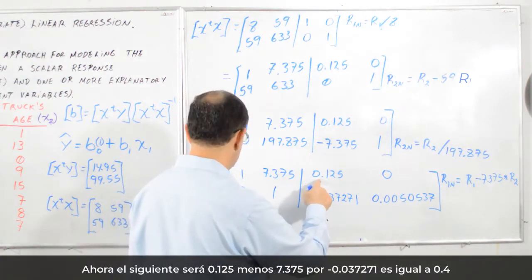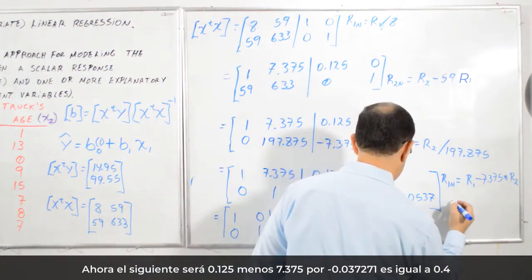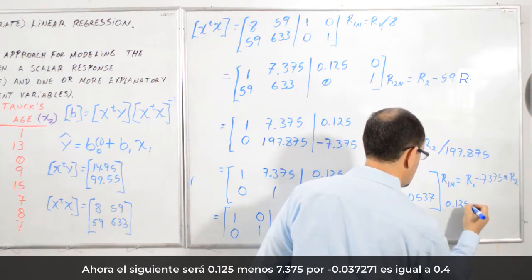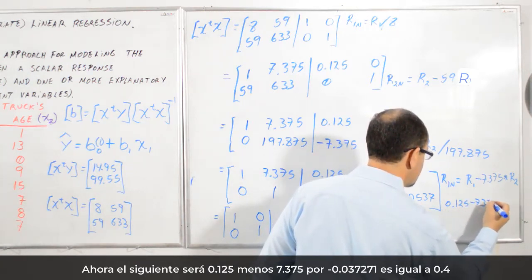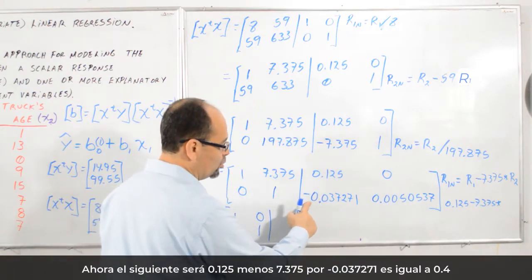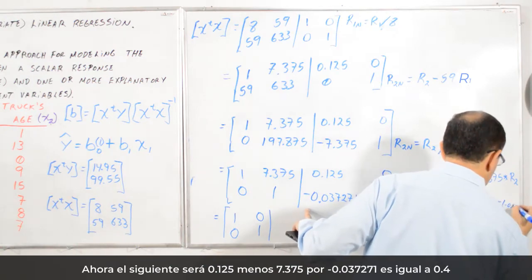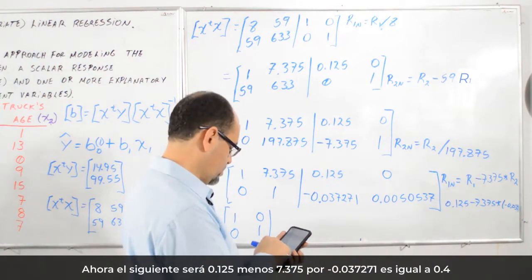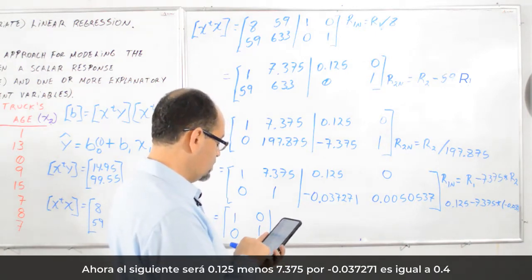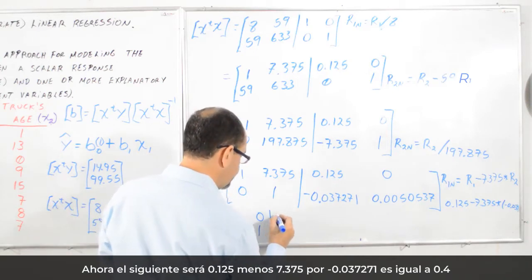Now, the next one, it will be 0.125 minus 7.375 times minus 0.037, and that gives 0.4.